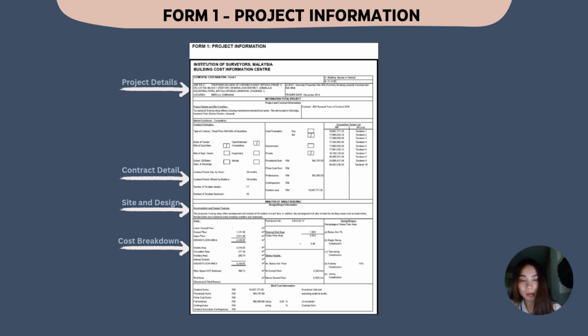Although the contingencies are not listed, the form provides a detailed functional and spatial breakdown for accurate cost analysis. This information forms the foundation for the elemental cost breakdown and benchmarking used in subsequent sections of the report.